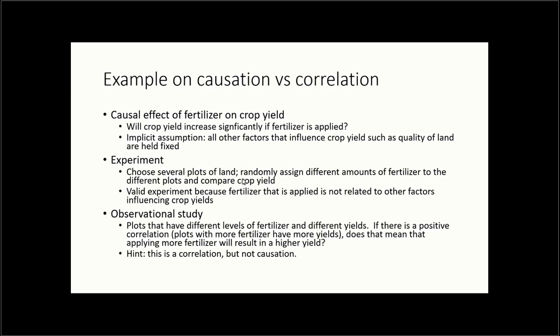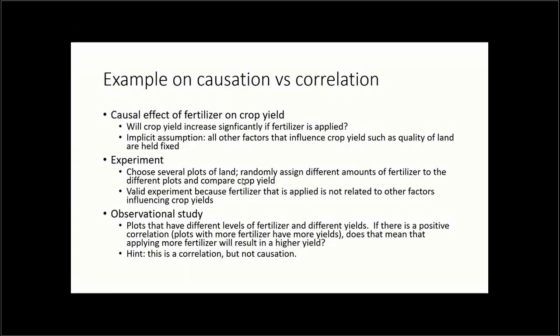That's a valid experiment because the way we apply the fertilizer is not related to any other factors influencing crop yields. So in this case, we truly could have a causation of applying more fertilizer leading to higher yields or not, depending on what the results of the study say.